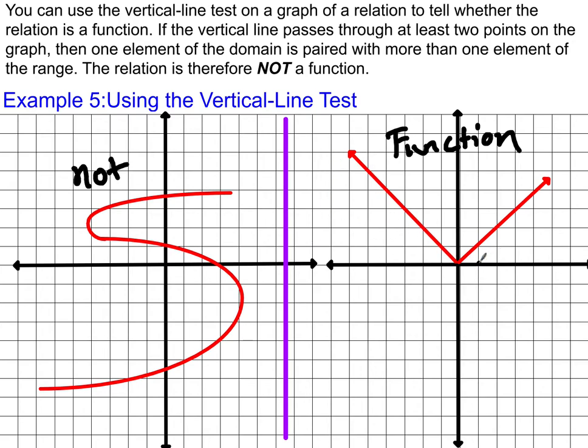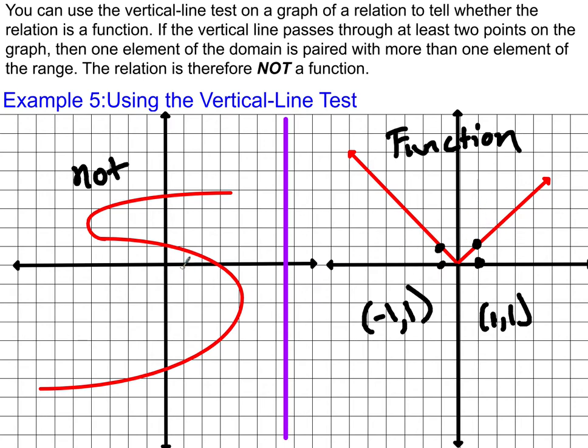Now let's talk about the x and y values that we were just doing before. Here, this x value, 1, only has one y value. It has the point (1, 1). Over here, -1 touches 1 also. So we have two different domain values, -1 and 1, that go to the same range value. That's okay. You still can have a function.